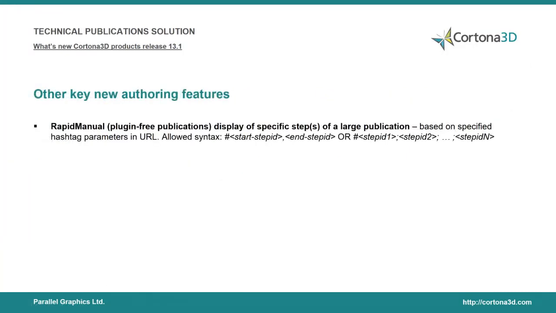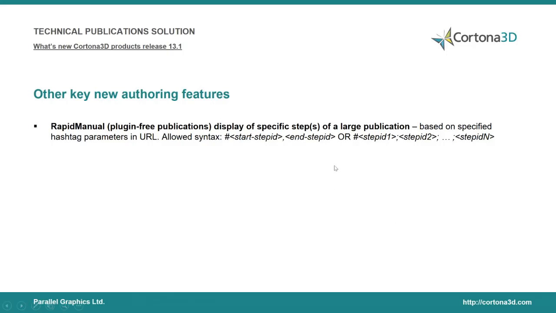Okay, other exciting authoring features. Whenever you have a very complex and lengthy RapidManual publication, plugin-free publication, you may want to display only specific steps or step from that publication. And previously, one of the ways you could do that is to create a cloned copy of the project and just erase unnecessary steps.